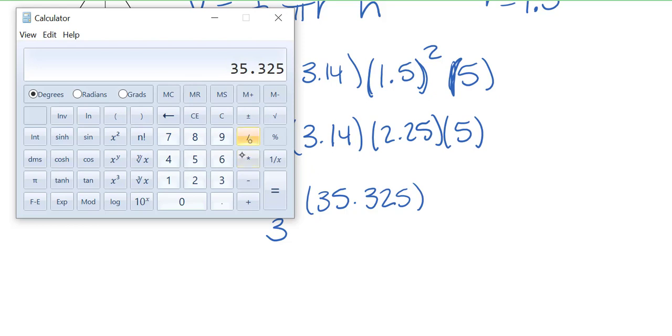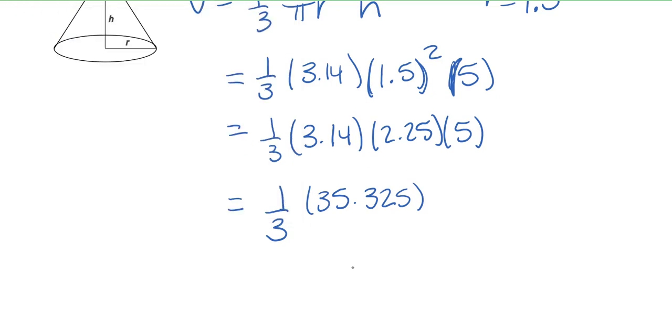So we take this number and divide it by 3, and we get 11.775. Let's round to the nearest hundredth, so we get 11.78. And this is in inches, so we have inches cubed.